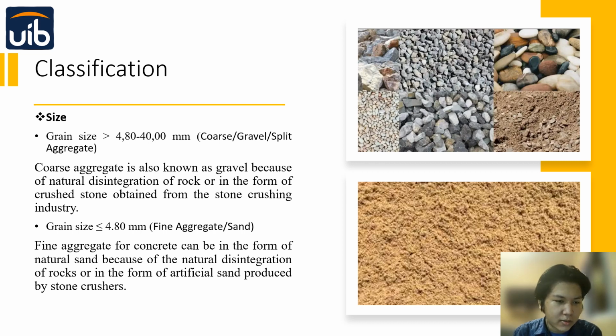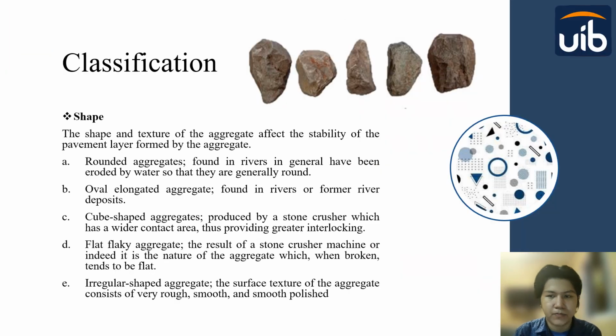Grain size below 4.8 millimeters is fine aggregate. Fine aggregate for concrete can be in the form of natural sand because of the natural disintegration of rocks, or in the form of artificial sand produced by a stone crusher.